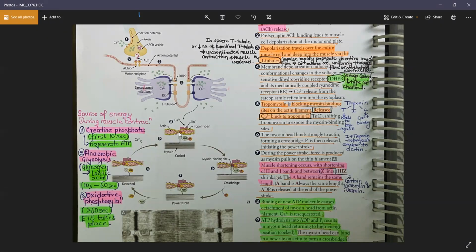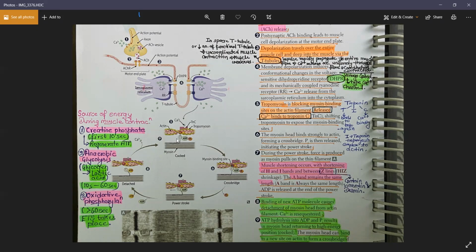Yes. So I need the calcium as well as the ATP at the same time to cause the contraction: calcium to expose the active sites and the ATP to activate the myosin, right? And when the contraction is over, again one ATP will bind to the myosin and remove the ADP, and as a result the contraction will be over.